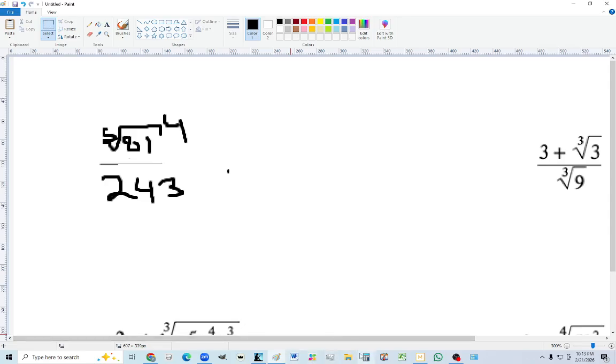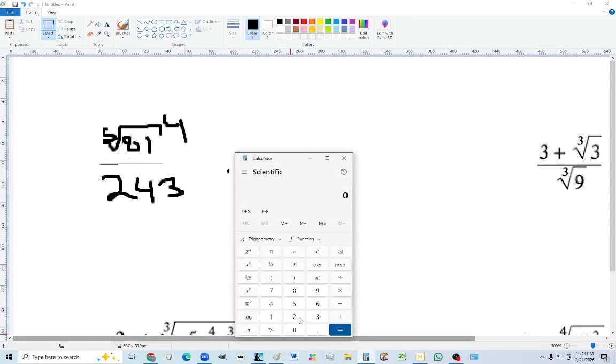Now, one of the smallest 5 roots, 2 to the power of 4. Can this be simplified? Does 81 to the power of 4 have a 5 root? No, it doesn't.